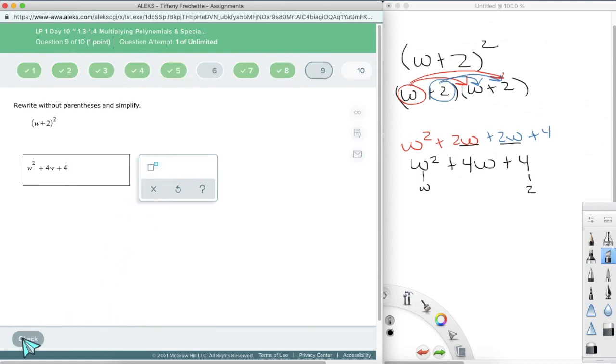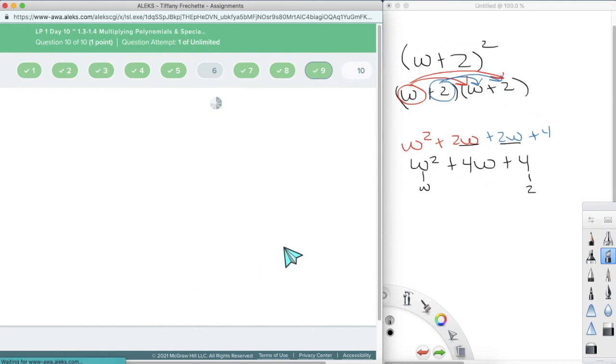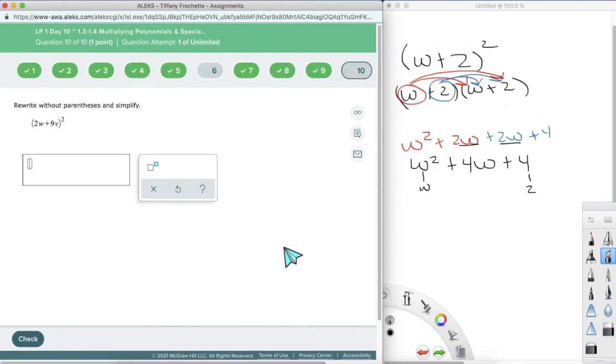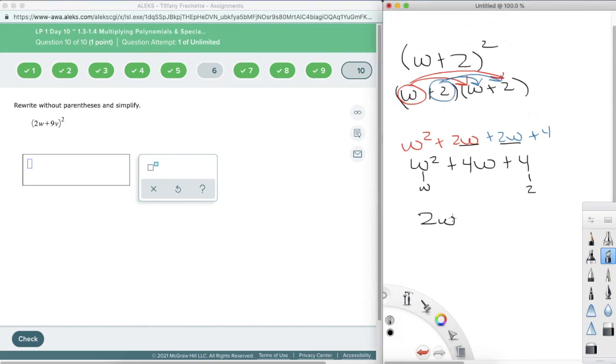Last one here. Let's see, is this one different? This one is exactly the same pattern. I know I just did one, but I'm not going to necessarily do the whole thing here. I'm going to go ahead and square the first one. So I have 4w squared, because I'm squaring each piece. I'm going to square the last one.